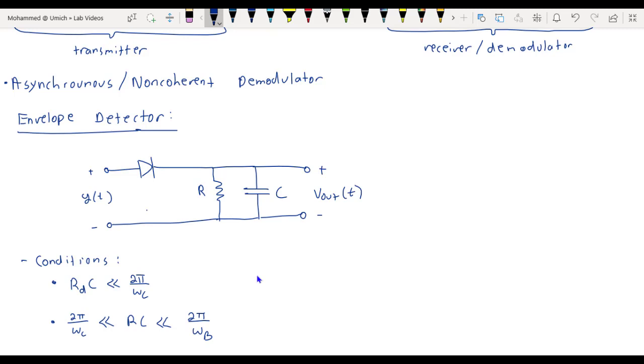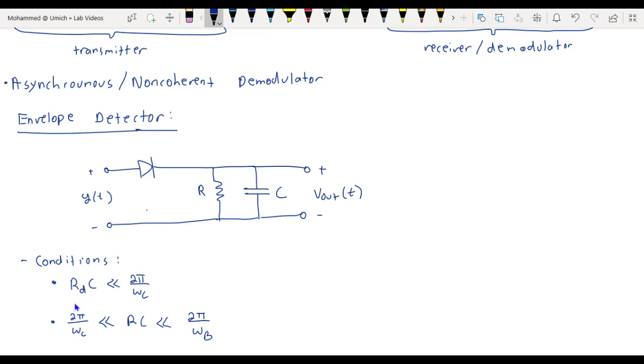Therefore, we need the third and fourth conditions to be satisfied, which are first, R_D, the forward resistance of the p-n junction diode, times C is much less than 2 pi over omega c, which means that the response time of the envelope detector when the p-n junction is forward biased is much shorter than the period of the carrier.